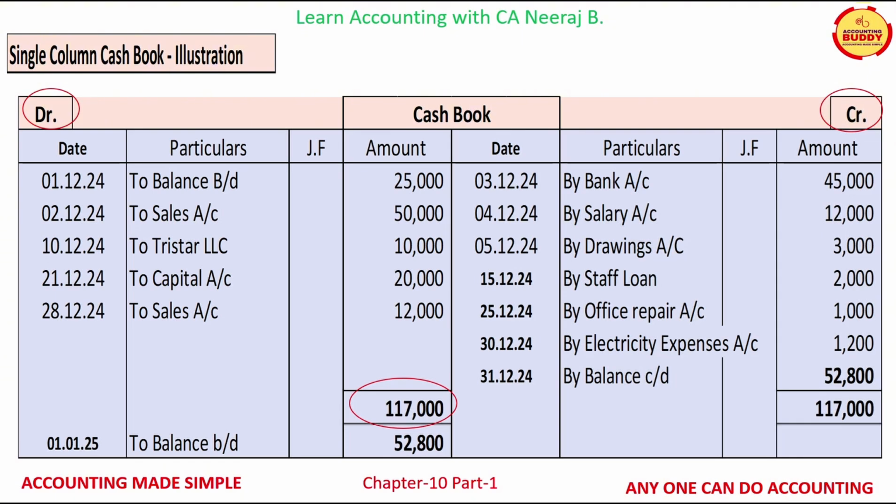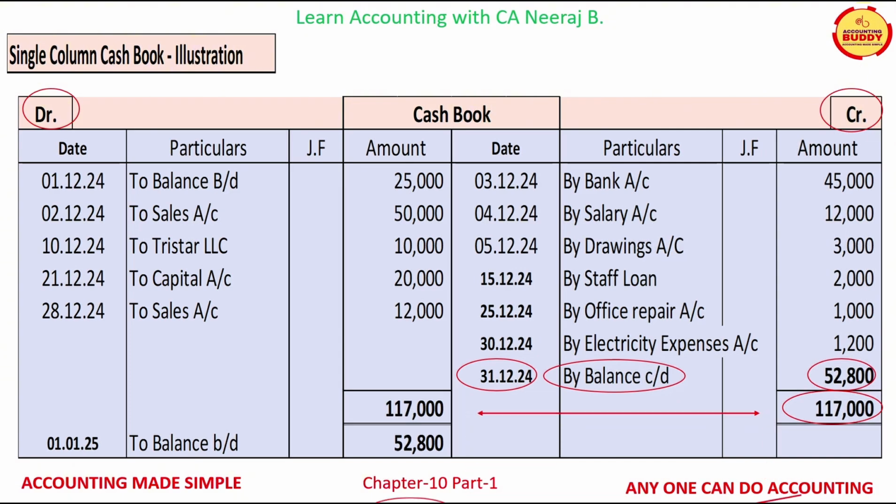Now, if you deduct the total of all the right hand credit side transactions from the left hand debit side total of 117,000, we are left with a balance of $52,800, which is written as by balance carried down on the last day of the month of December 24, thus making the total of the right hand credit side also to $117,000. Therefore, the left hand debit side and the right hand credit side of the cash account is now balanced.